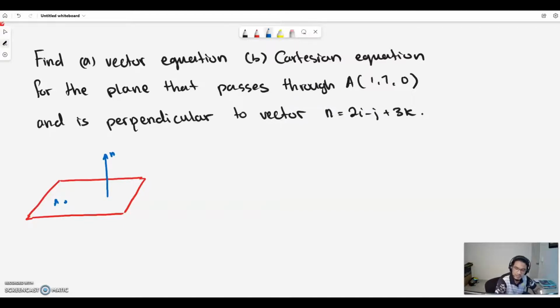As mentioned before, there are only two things required to form an equation for a plane. First is the point A, and second is the vector that is perpendicular to the surface of the plane. So these two are already given in the question. What we need to do is just substitute them into the equation.